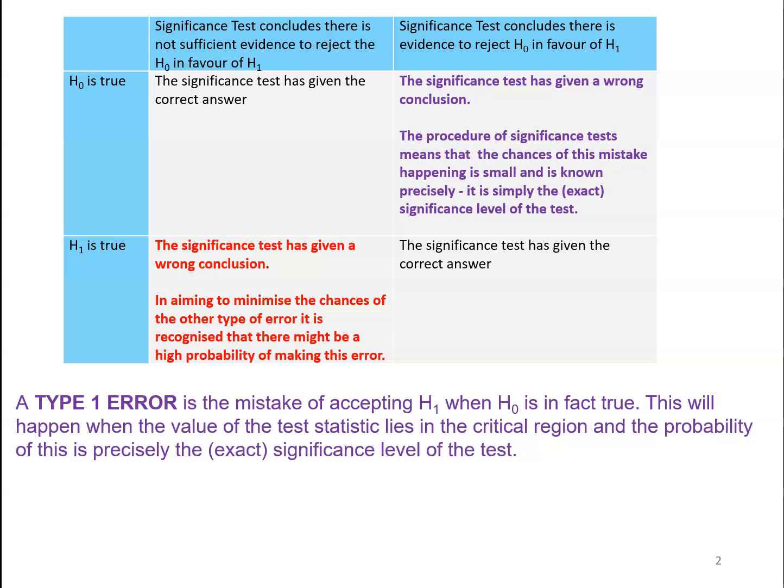In order to minimize the chance of making a type 1 error, this second type of error may have quite a large probability of happening.